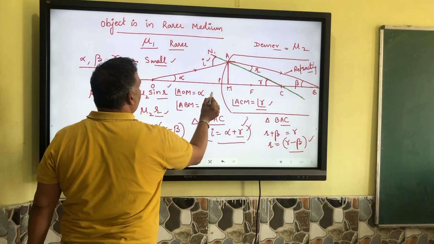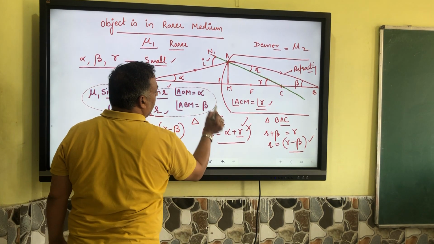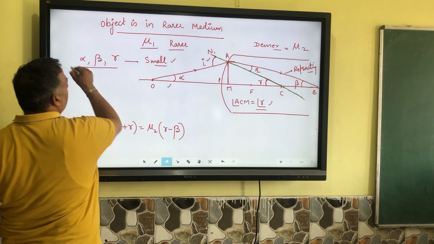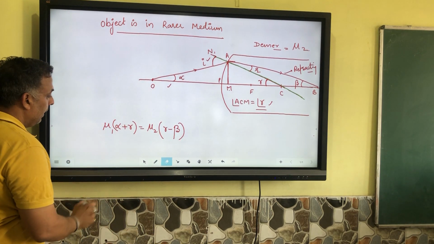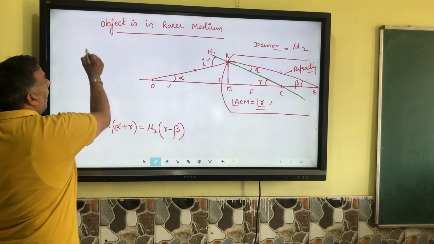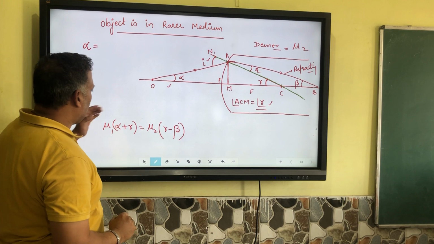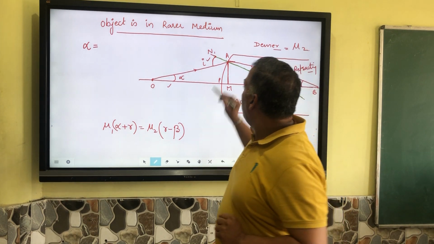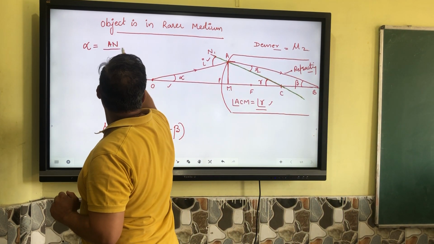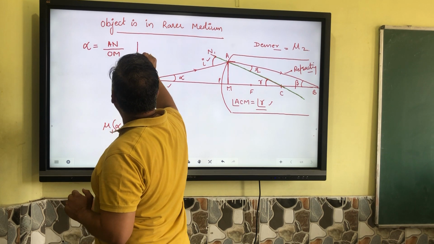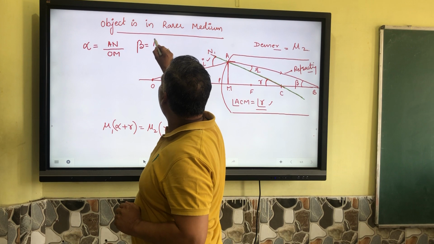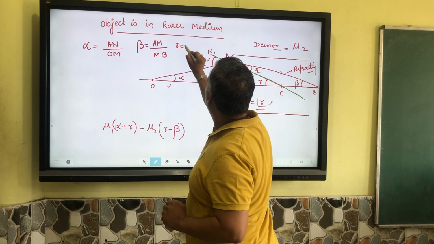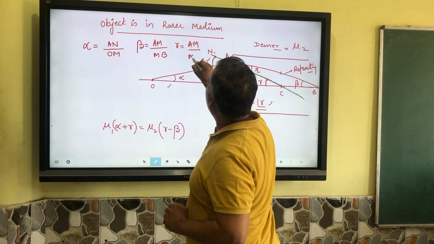Now, if I consider these things, alpha is equal to AN upon OM, because sine and tan become equal when the angle is very small, and beta is equal to AN upon MB, and gamma is equal to AM upon MC.